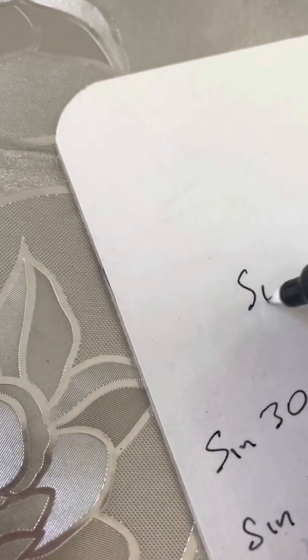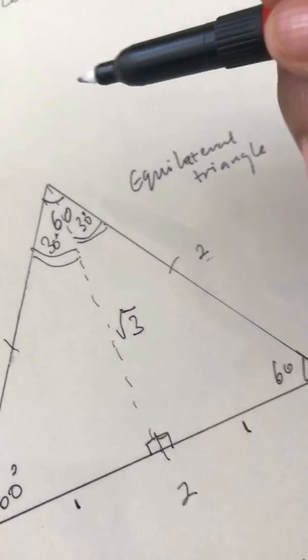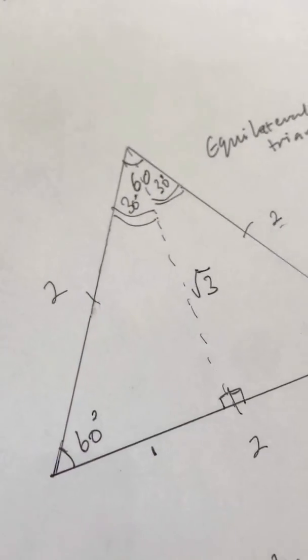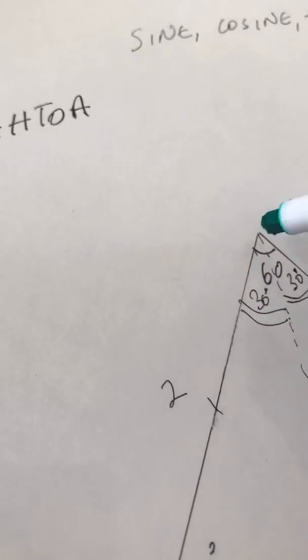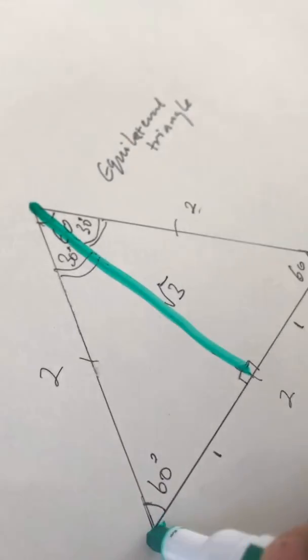And we know from SOHCAHTOA, sine is opposite over hypotenuse. So what triangle should we choose? Let's choose this triangle. We'll use this triangle.